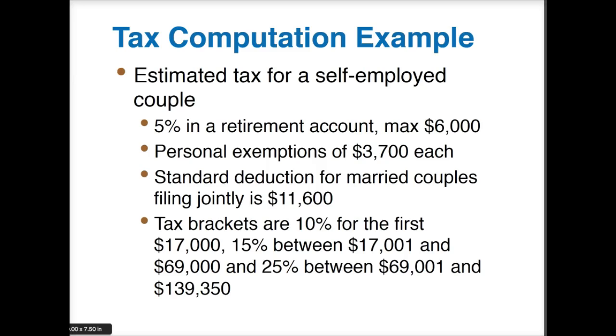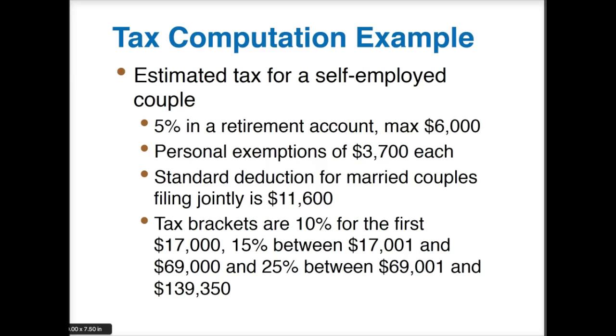So we start off by knowing that they have dedicated 5% of the money that they make to a retirement account. And of course, for the year that they're doing this, the max that they're allowed to contribute is $6,000, as set by the government. They also have personal exemptions of $3,700 each.